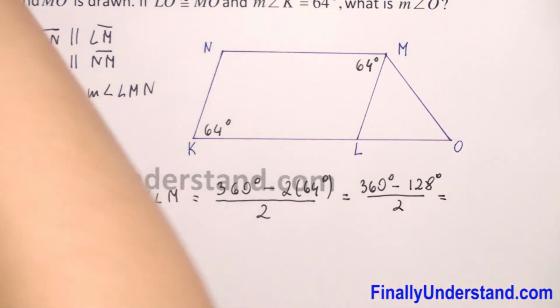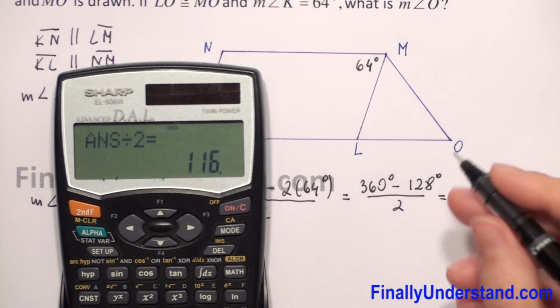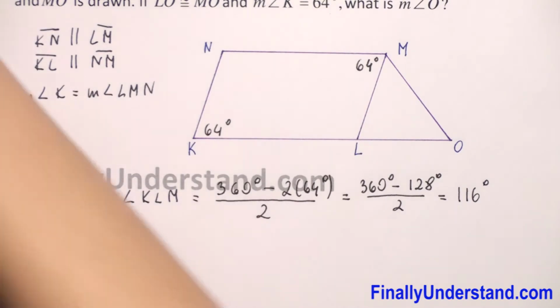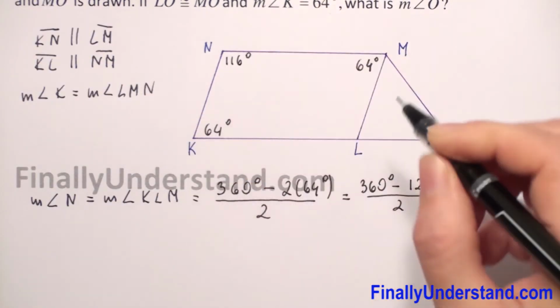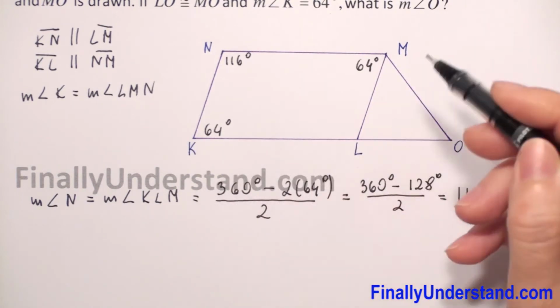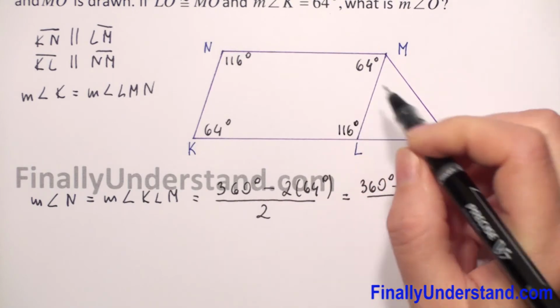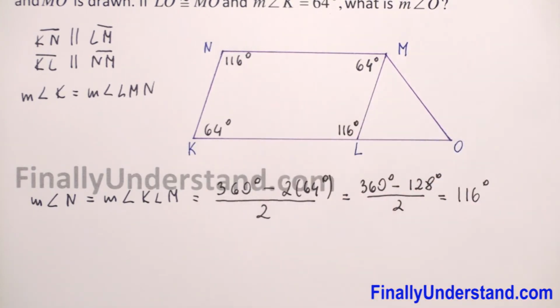So 360 minus 128 divided by 2 is equal to 116 degrees. We find the measure of angle N is 116 degrees, and angle KLM has the same measure, 116 degrees. These two angles are congruent.